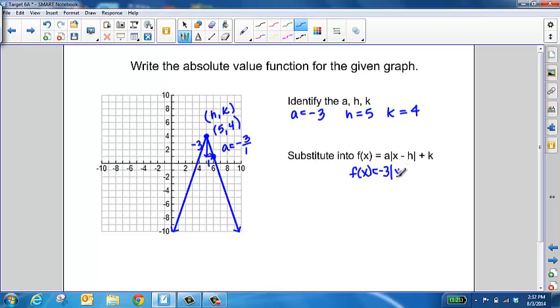We're going to have x minus, we're going to substitute in 5 for our h, inside the absolute value, and then plus our k. And the k for this particular graph is 4. So the function that's associated with the graph on the left is f of x equals negative 3 times the absolute value of x minus 5, plus 4.